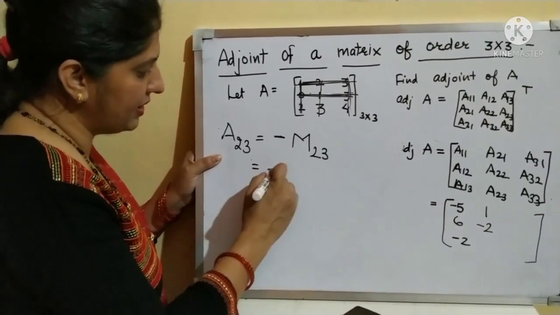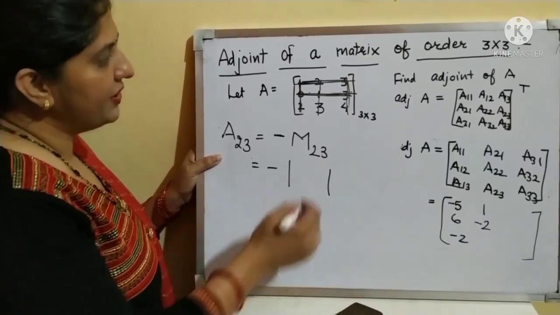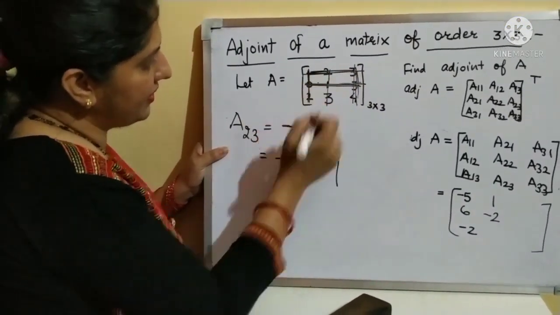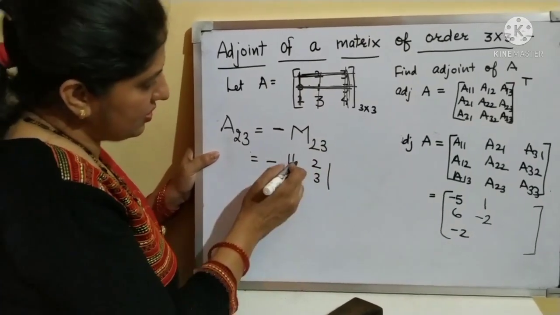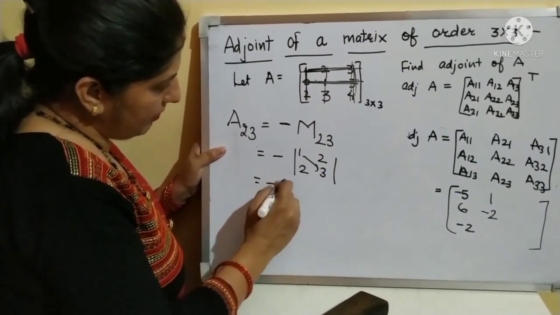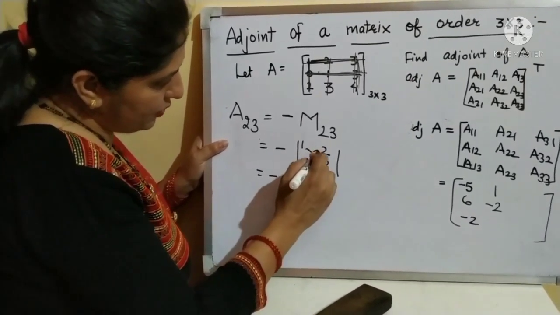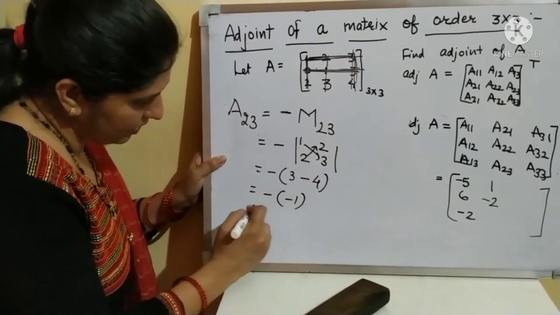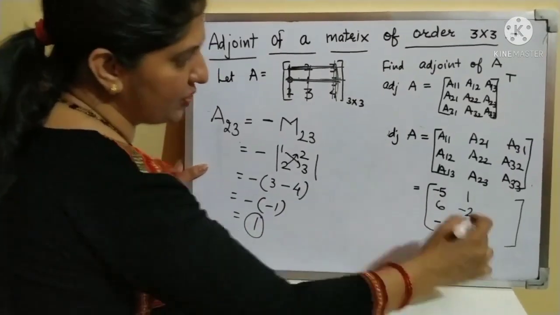Now take the determinant of the matrix obtained by deleting second row and third column. Remaining entries are 1, 2, 2, 3. Just simplify it. Minus into 1 into 3, 3, minus 2 twos are 4. We get minus, minus 1. We get 1. So A23 is equal to 1.